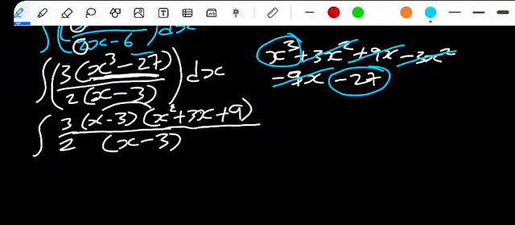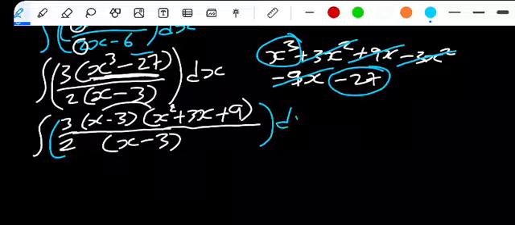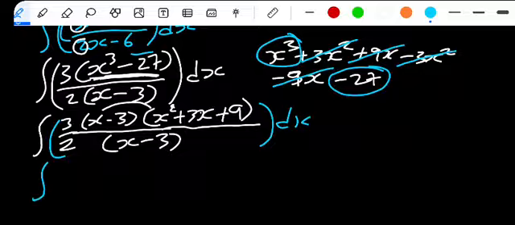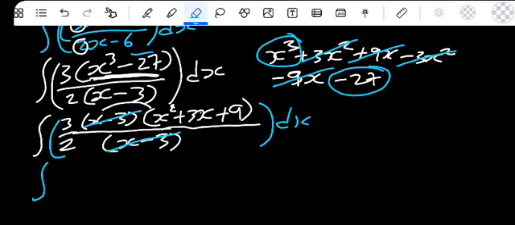I was just showing you this all over dx, but we should realize this and this must cancel. We will be left with the integral of 3 over 2. This is cancelled.